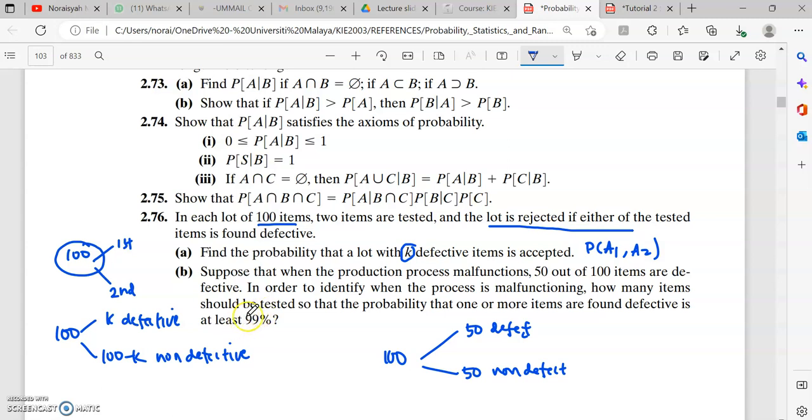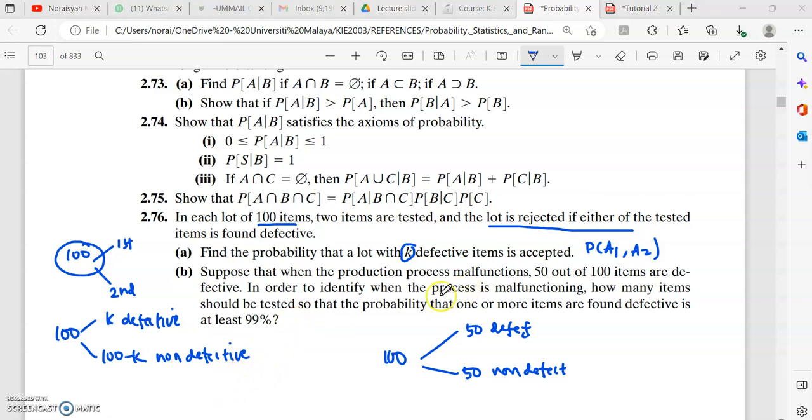So in this question, they are asking you how many items should you test so that the probability that one or more items are found defective is at least 99%.